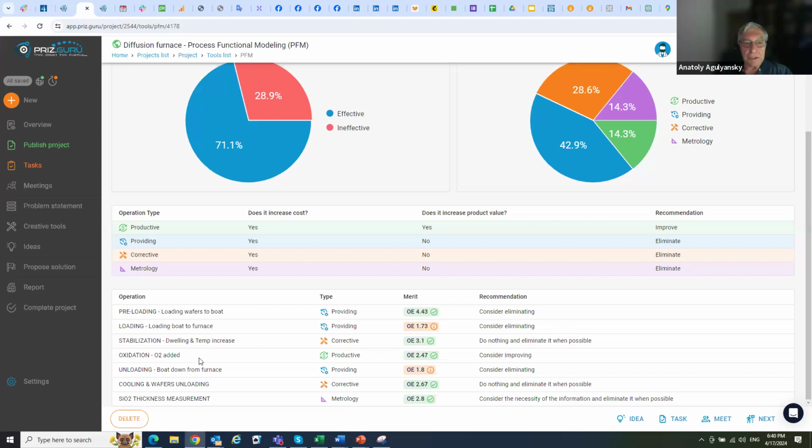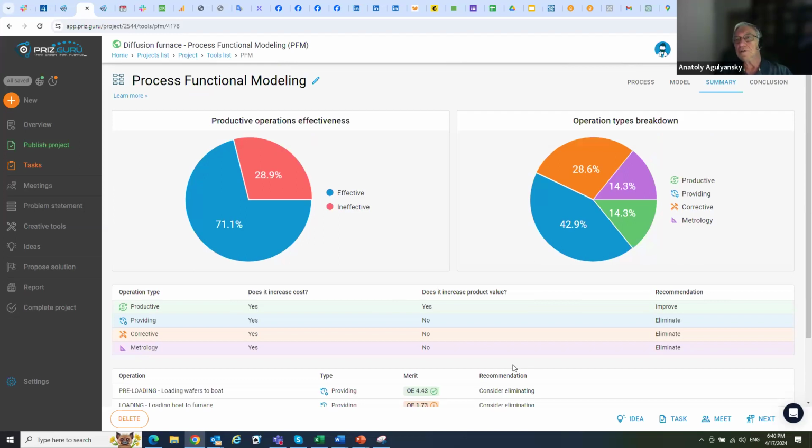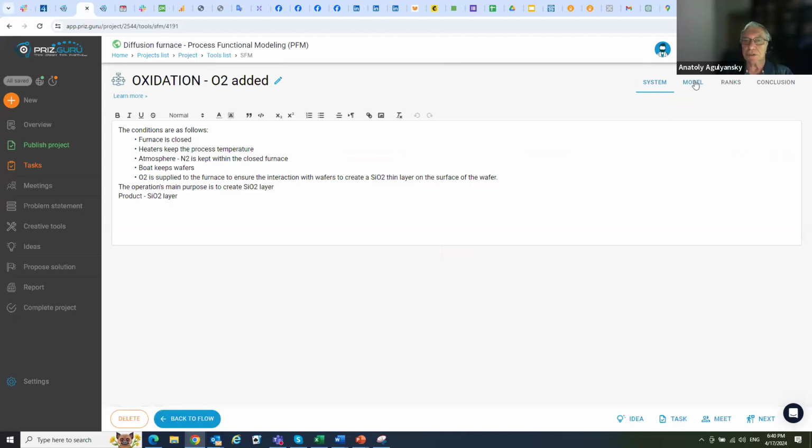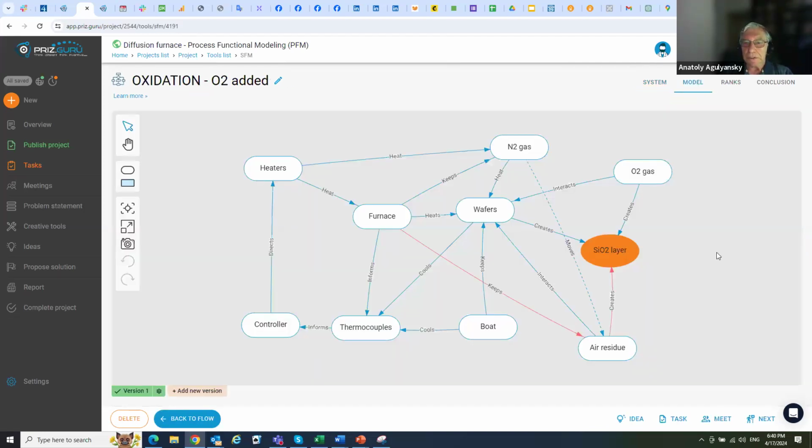Now, let's have a look at oxidation, a productive operation. Let's have a look at what we can do with oxidation. Let's have a look at the functional model again.